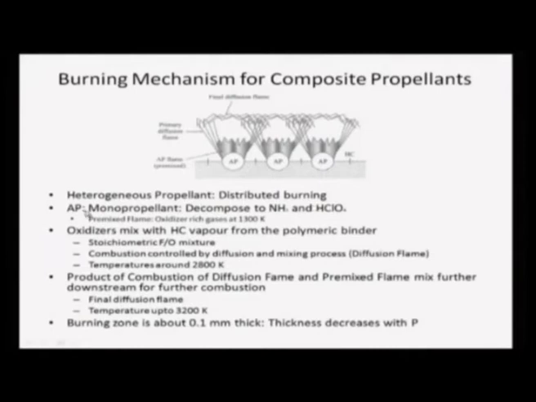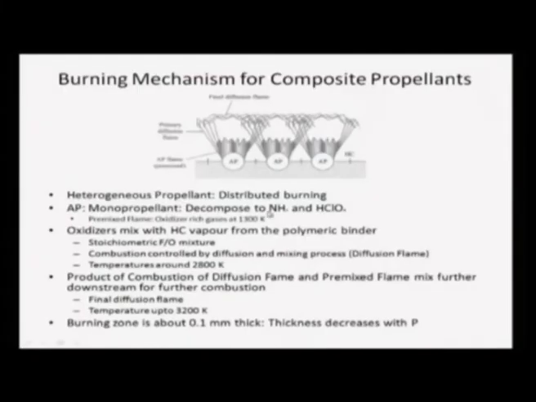Now, first of all let us look at the ammonium perchlorate. This ammonium perchlorate, like I was mentioning some time back, is actually a monopropellant. It can burn on its own. When it is burning, it will decompose into ammonia and HClO4. After burning of AP we produce this, and because it is a monopropellant, it can burn on its own.